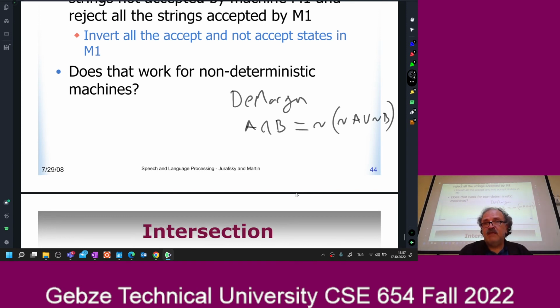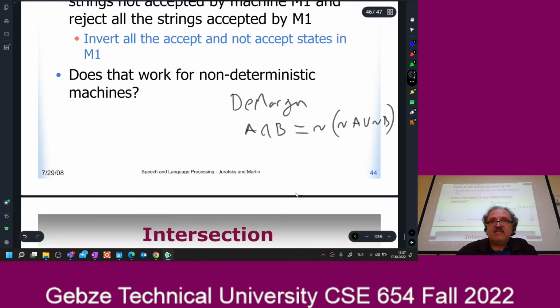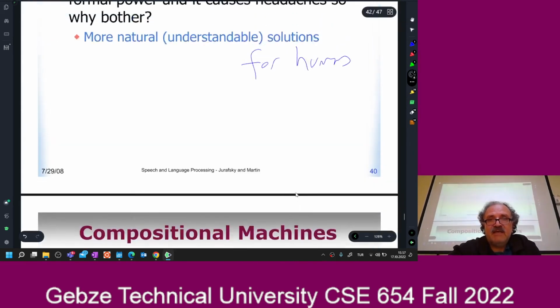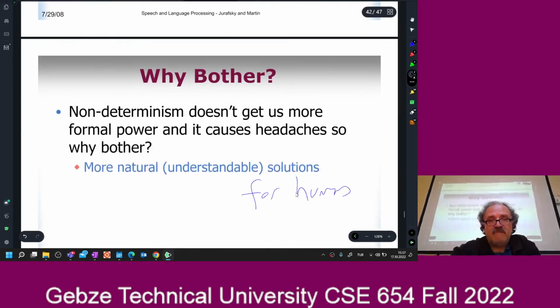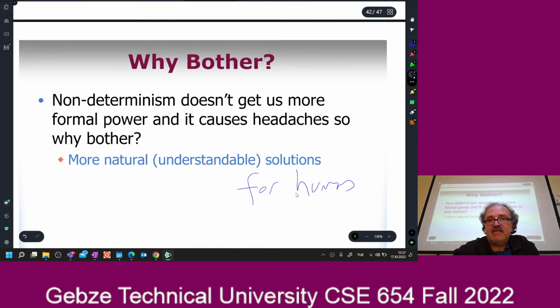Okay? I mean, with the non-deterministic ones, it is possible to have this kind of notation. That's why, what did we say? It is powerful, yeah. More natural, understandable solutions for humans. It's like writing object-oriented code. Sometimes with polymorphic code, you will say, okay, for all the objects, o.print. That's all I write.